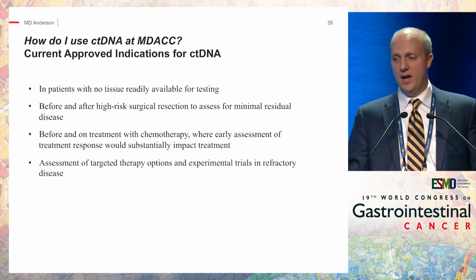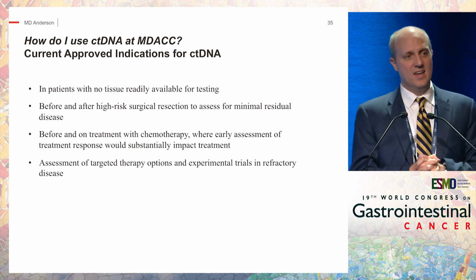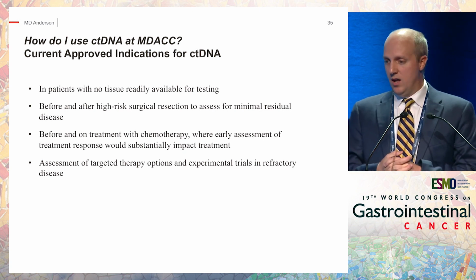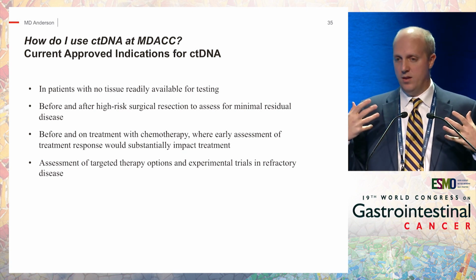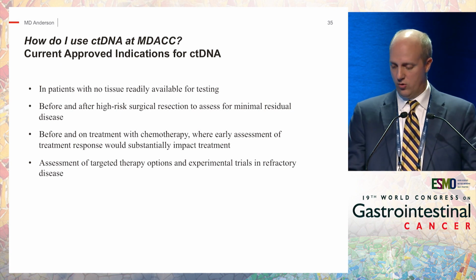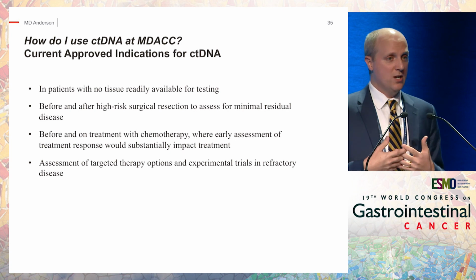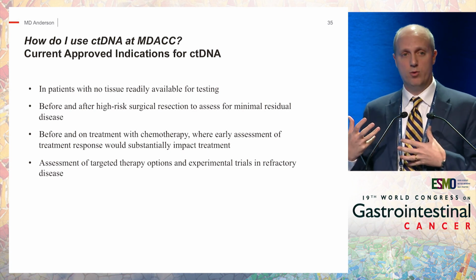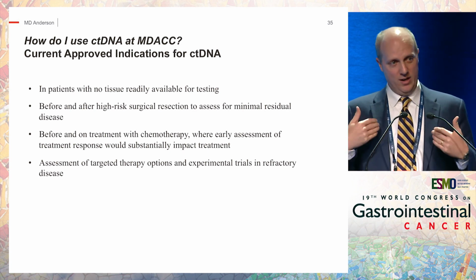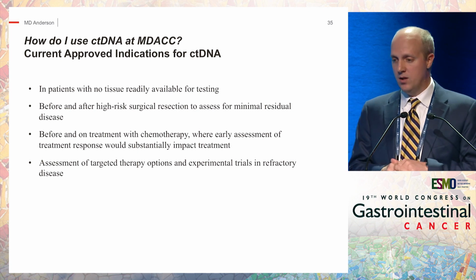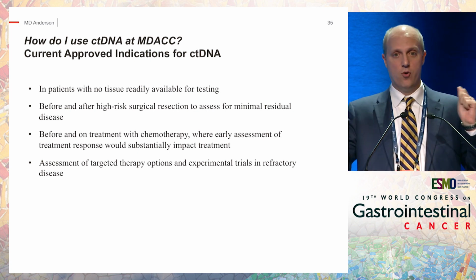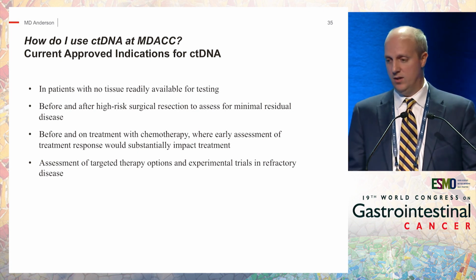So the final slide is, well, how do we use ctDNA in my practice? This is what our internal committees have identified and how we're using it. We use it in patients where we don't have tissue readily available for testing, in lieu of doing an interventional biopsy, with those caveats of what's an informative and uninformative negative test.